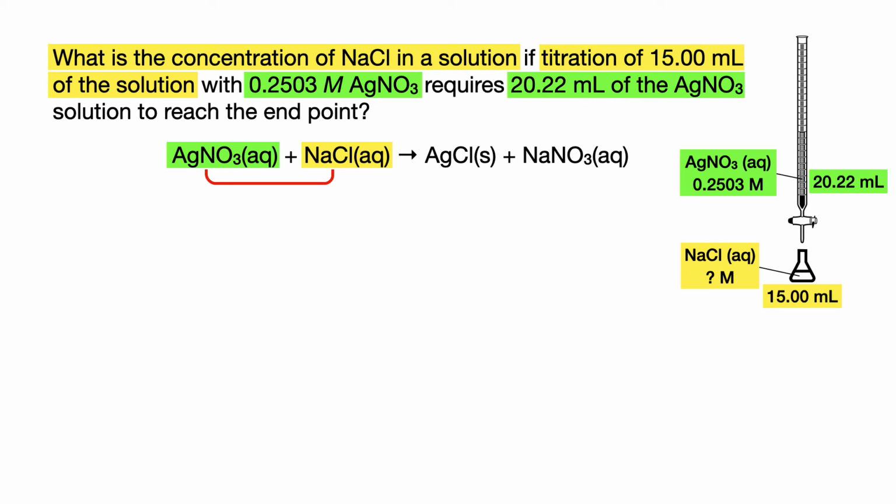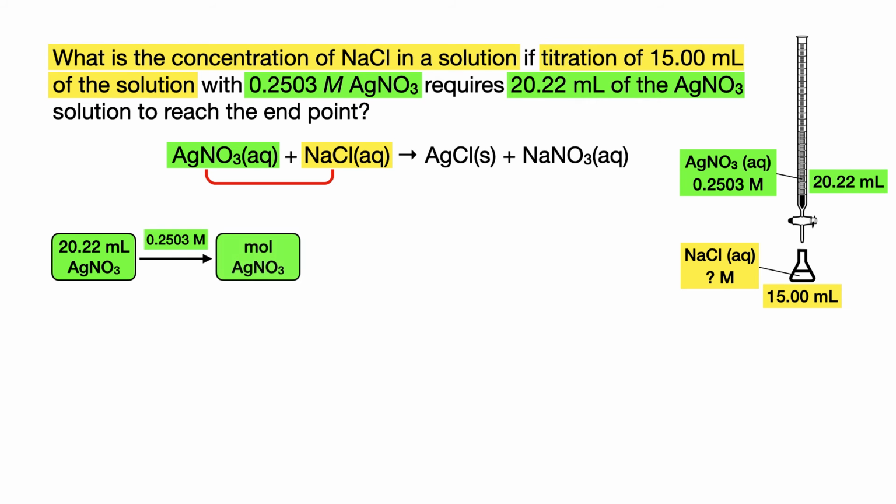So we know that in order to reach the endpoint, we had a volume of silver nitrate of 20.22 milliliters, and we also know the concentration of the silver nitrate. So given the volume and the concentration, we can figure out how many moles of silver nitrate were added.